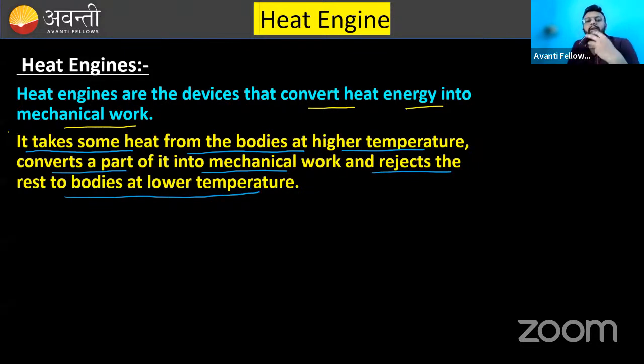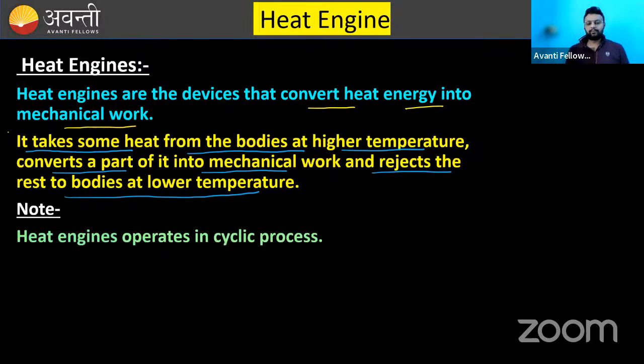This language might be confusing for some of you, but I will explain everything in the next slide. First thing you should remember: whenever a heat engine works, it works in a cyclic process. That's the most important line you should remember for the rest of the class. Heat engine operates in cyclic process.